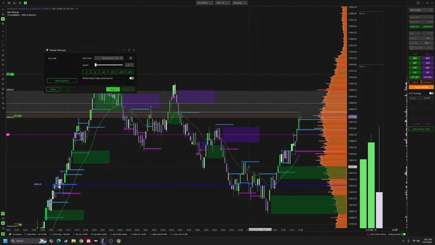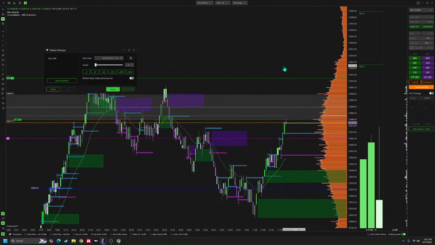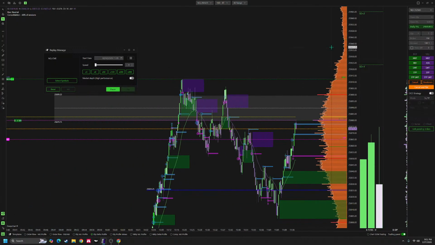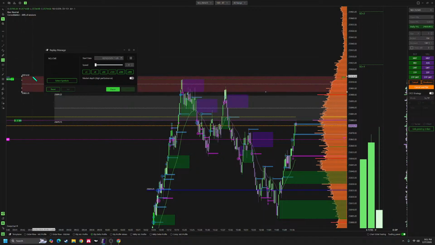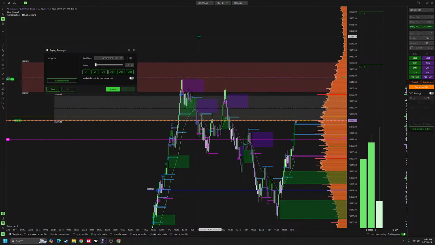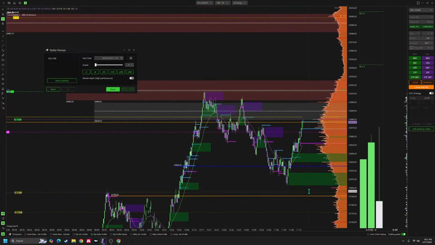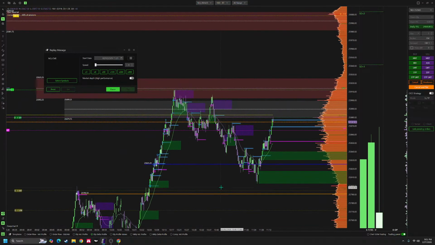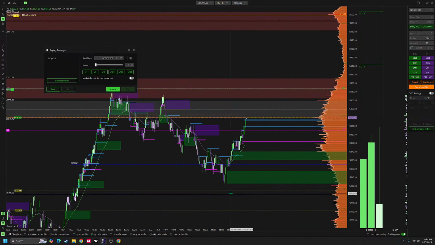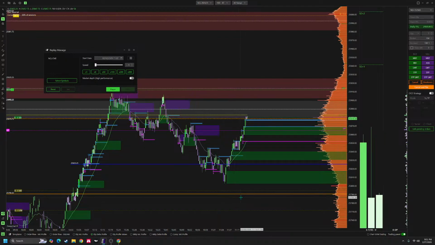And I'm looking for a short again after we make our way back up to the initial balance. Looking for a push back down from there. Okay, it's giving me the zone. I'm going to take it.